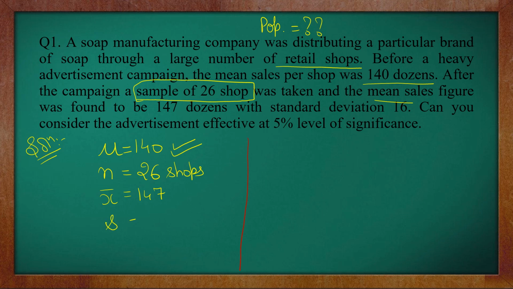So the sample standard deviation is 16. Now the question is: can you consider the advertisement effective? Effective means my sale has definitely increased. So please remember we are using the word increased. Okay, at 5% level of significance.